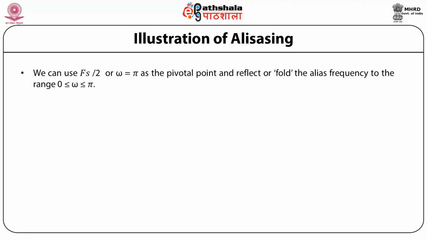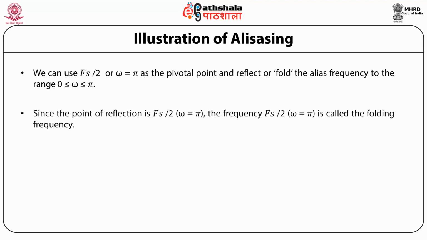So we can use Fs by 2, or omega equal to pi, as the pivotal point and reflect or fold the alias frequency to the range omega varying from 0 to pi. Since the point of reflection is Fs by 2, omega equal to pi, the frequency Fs by 2, omega equal to pi, is the folding frequency.